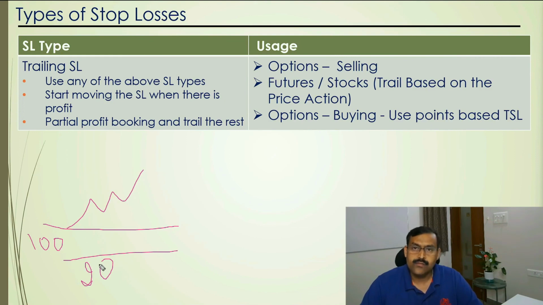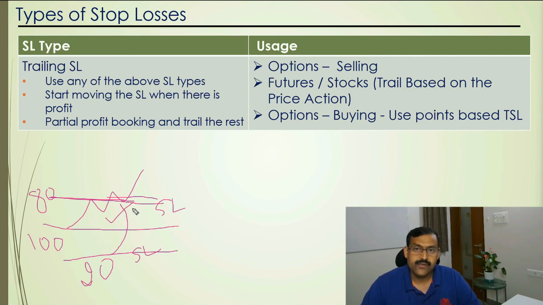Let us assume that the moment you bought this stock, position is in your favor and it did not hit the stop loss and it moved 20 points above. So the option or the stock has come to 80 rupees. Now you have two choices. You can move this SL to 80 rupees. Another choice you have is to partially book the profit and for the remaining quantity you can keep the SL at 80 rupees.